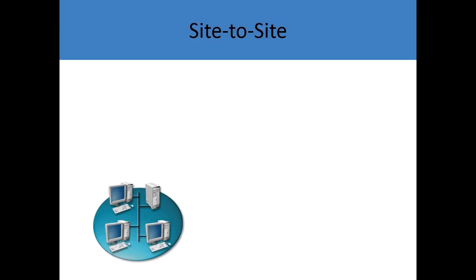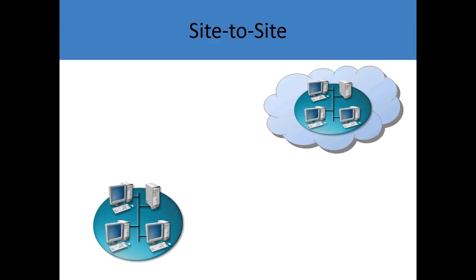So for starters, with the site-to-site connections to your virtual networks, what you begin with, of course, is your own internal organization. So we see our private network down below. And of course, we have our virtual network up in the cloud. So we need to be able to establish connectivity between these two sets of networks. So it still is just a pretty standard VPN, but again, it comes down to what type of VPN.